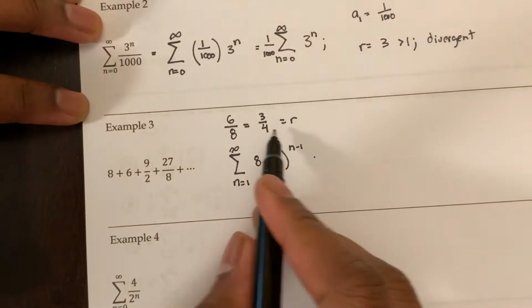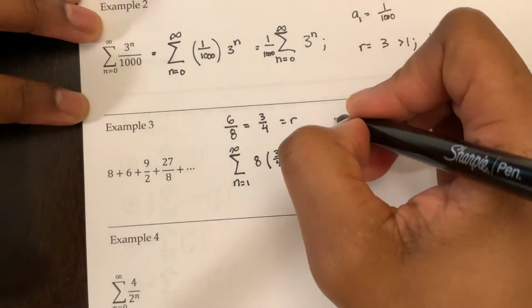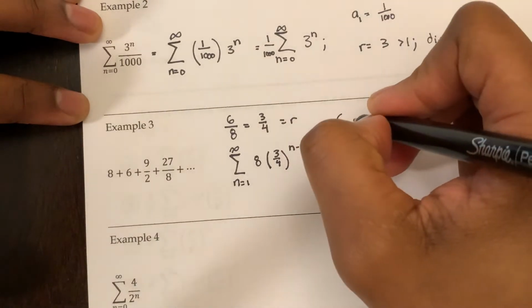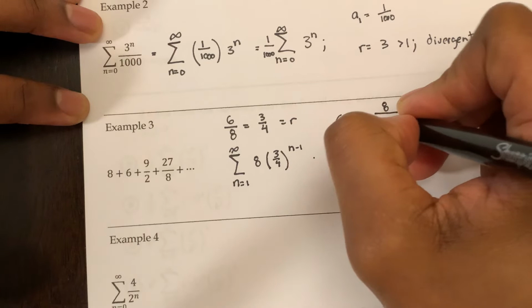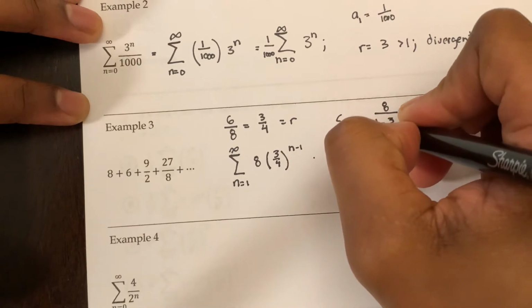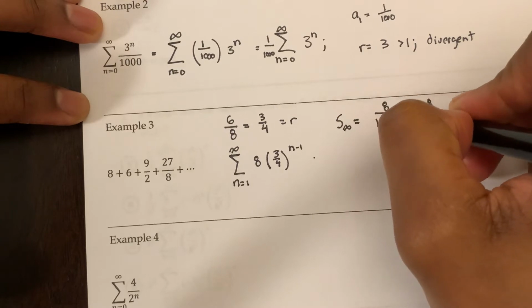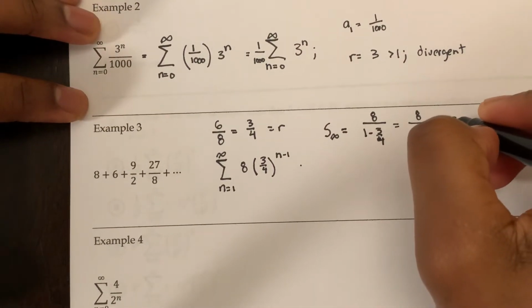So this series is convergent because the common ratio of 3/4 is less than 1. So the sum is equal to the first term, 8, divided by 1 minus 3/4, which is 8 divided by 1/4, which equals 32.